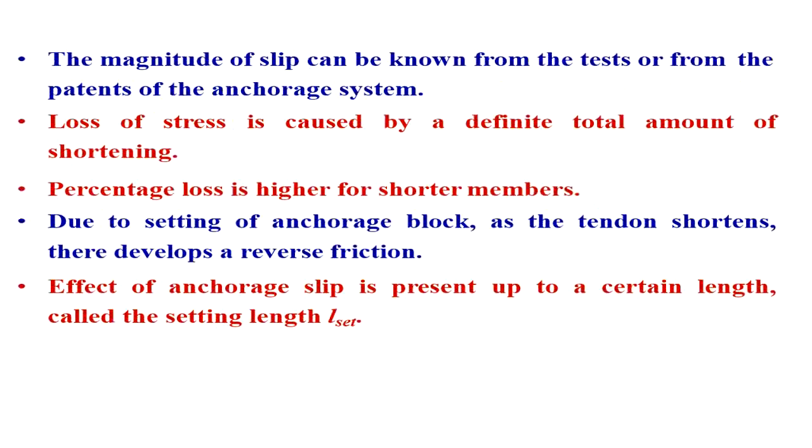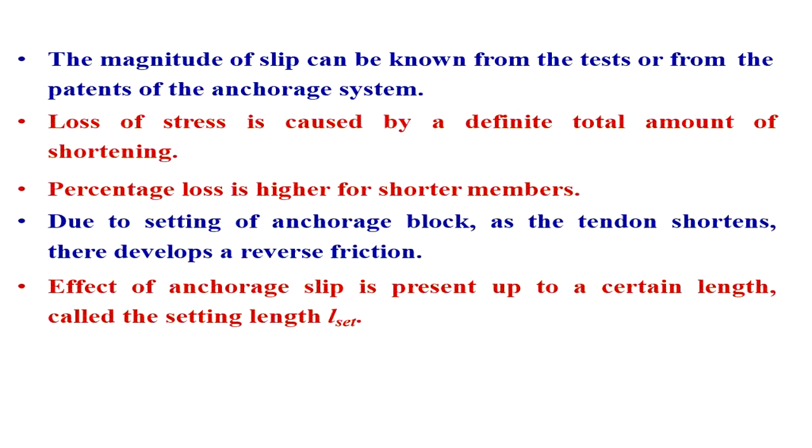Here the magnitude of slip can be known from tests from the patents of the anchorage systems. Loss of stress is caused by a definite total amount of shortening. Percentage loss is higher for shorter members.